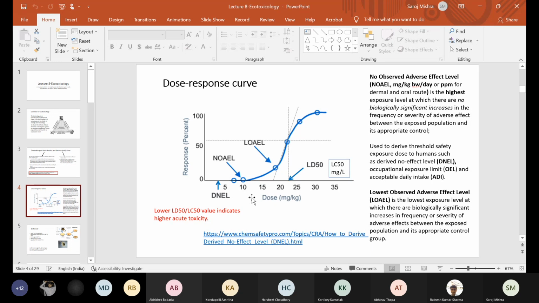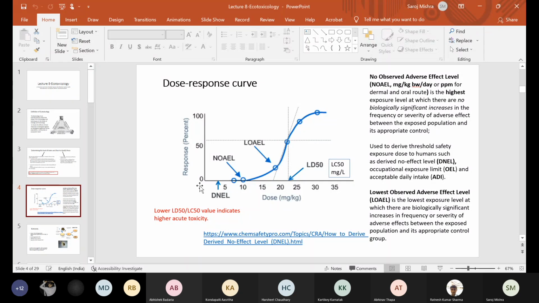Okay, so this way you are going to monitor the response of a particular population, either a producer like an algae, a primary consumer, a secondary consumer, or a tertiary consumer, to that particular toxin. That is how the toxicology data is derived, by looking at the dose response curve.